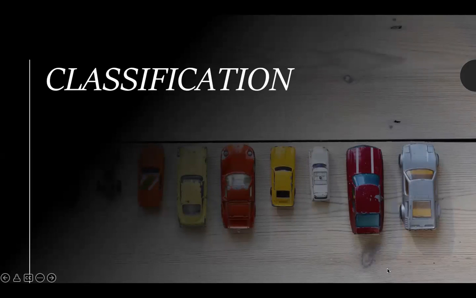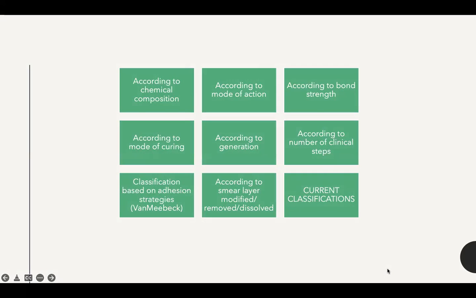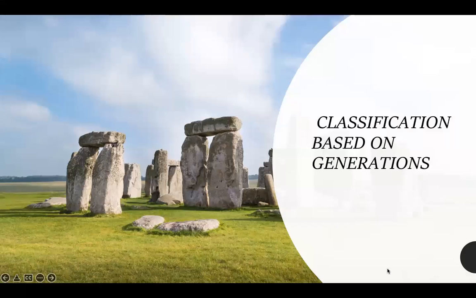There are different types of classification, such as according to chemical composition, according to mode of action, according to bond strength, etc. But the most widely accepted classification is according to generation and according to how it deals with the smear layer, along with some current classification and recommendations.